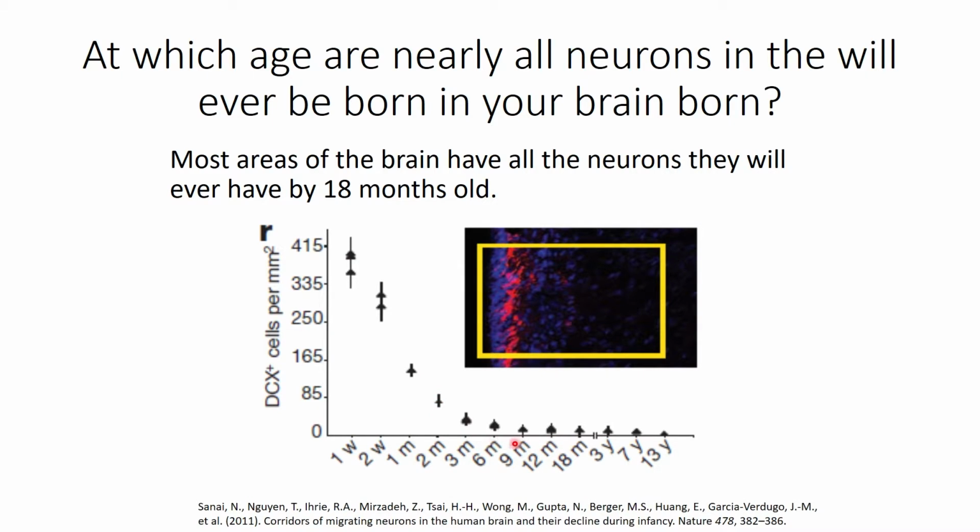But by the time an individual is around 9 months or 12 months or even 18 months, it's almost zero. It's not exactly zero, but it's almost zero. So basically what this means is that nearly every single neuron that is born in the brain is born before you're 18 months of age. But there are exceptions, as we're going to learn.